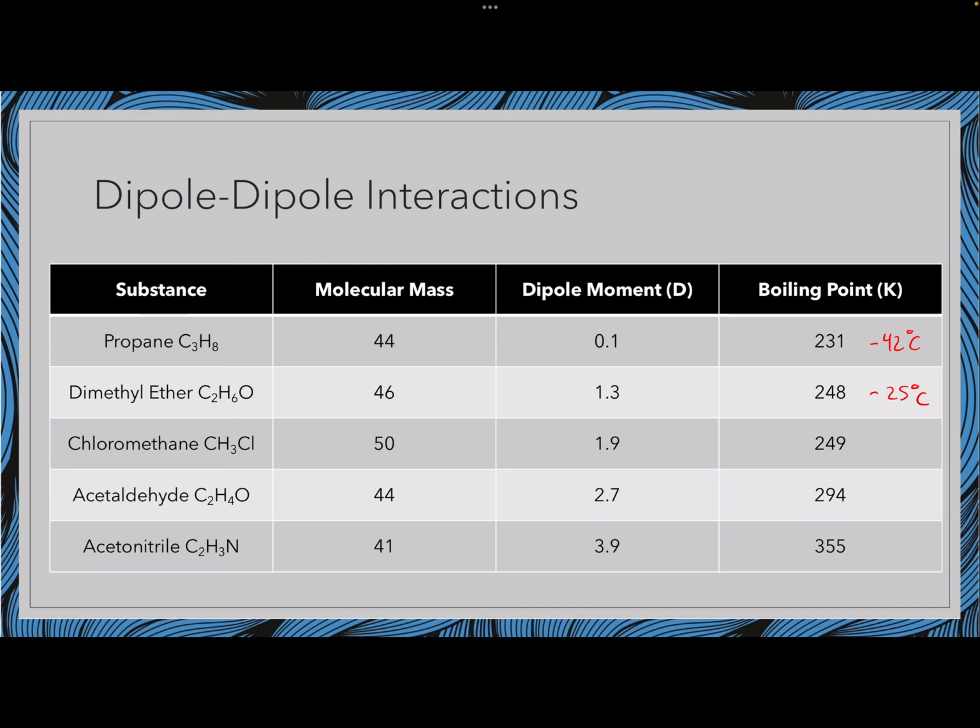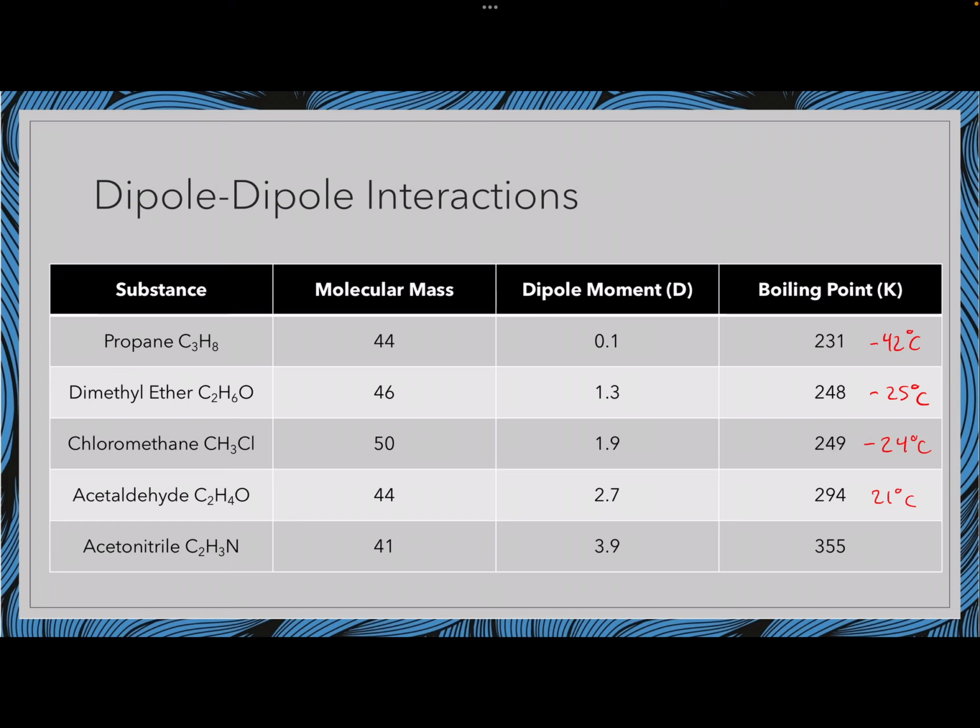Chloromethane, which has a molecular mass of 50 and a dipole moment of 1.9, has a very similar boiling point, so 249 Kelvin, so about minus 24 degrees Celsius. Acetaldehyde, so the dipole moment's jumping up by 0.8, and we can see that this one actually has a boiling point that's above zero now. It's about 21 degrees Celsius.